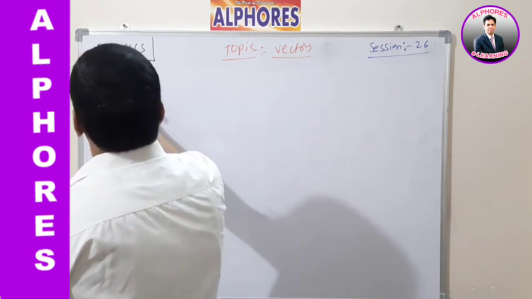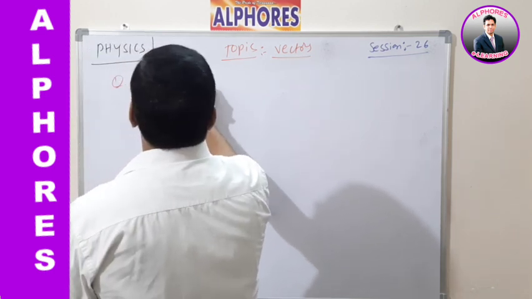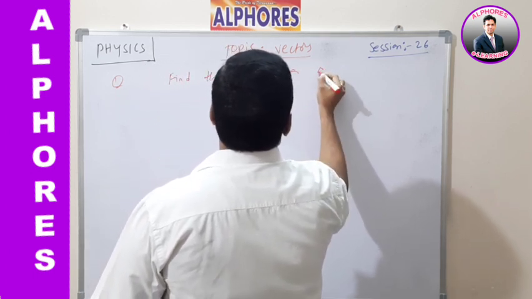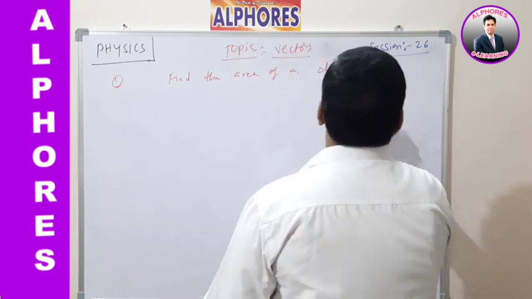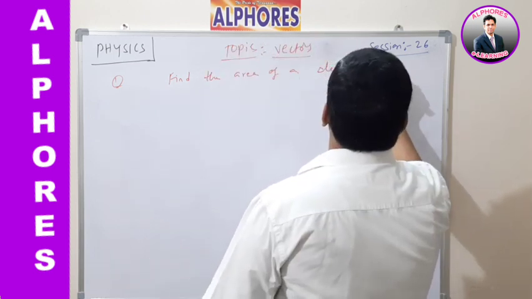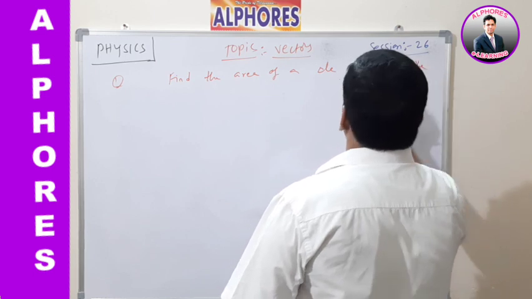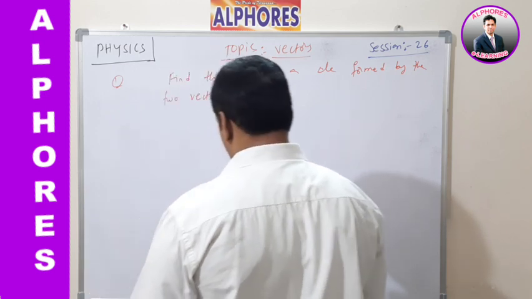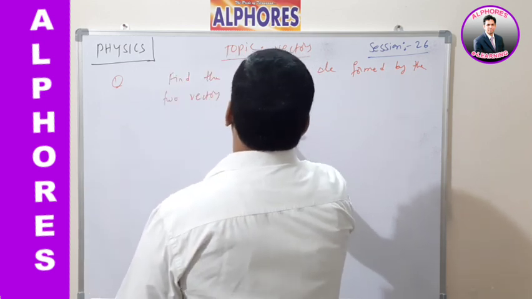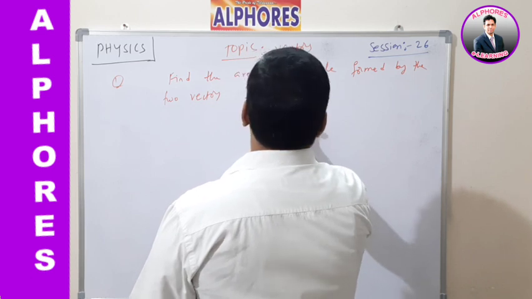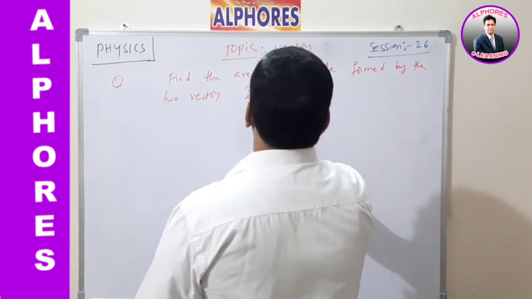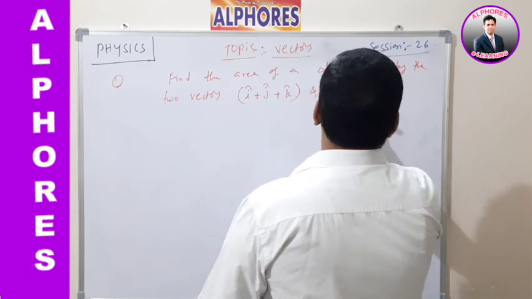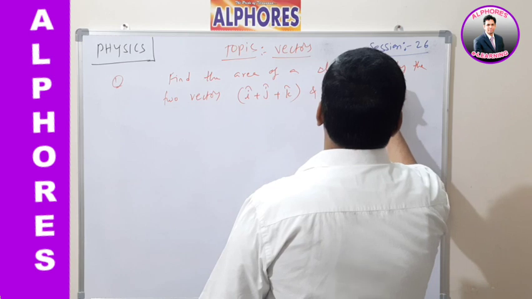The first problem: find the area of a triangle formed by the two vectors i cap plus j cap plus k cap and minus i cap plus 2j cap plus 3k cap.